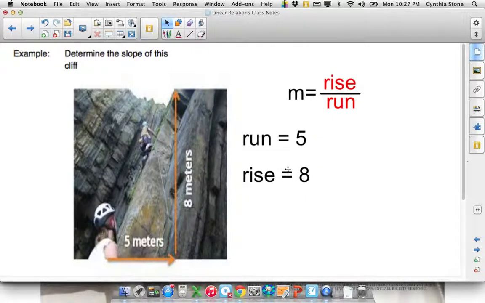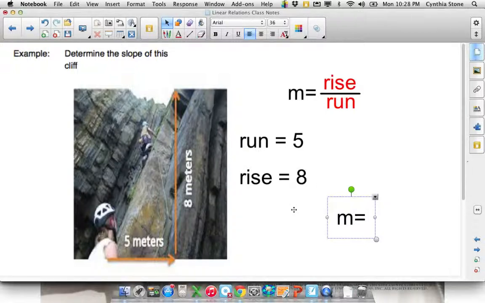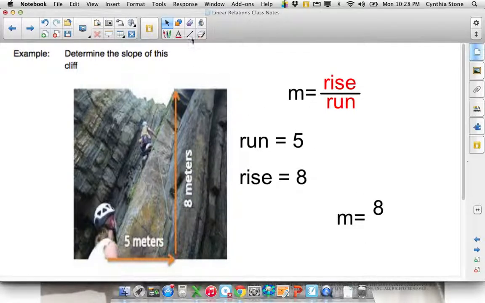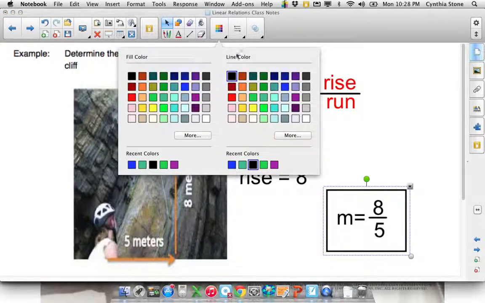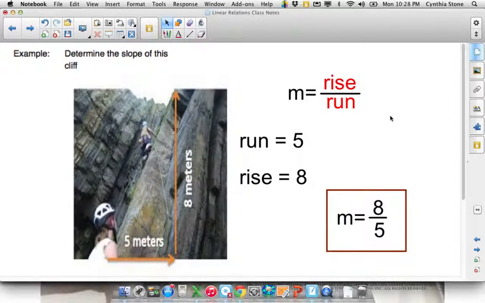So the slope, m then, must be 8 divided by 5. And you know what? I think it's best, because 8 divided by 5 is not a nice number. It's totally fine to leave slopes as fractions. So that's the answer I would leave, 8 over 5. Okay? Rise over run.